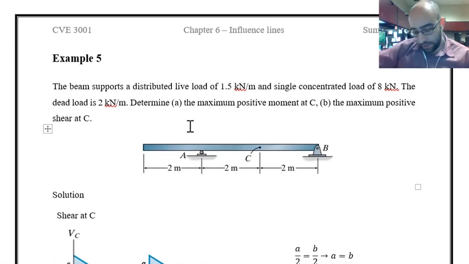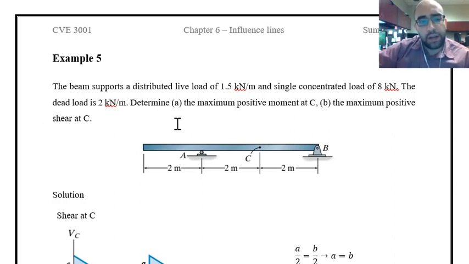So this is the last example, and it is very similar to the example that we had at the end of the presentation. It is about the application of influence line analysis for finding the maximum demand in the structure because of moving loads or live loads.